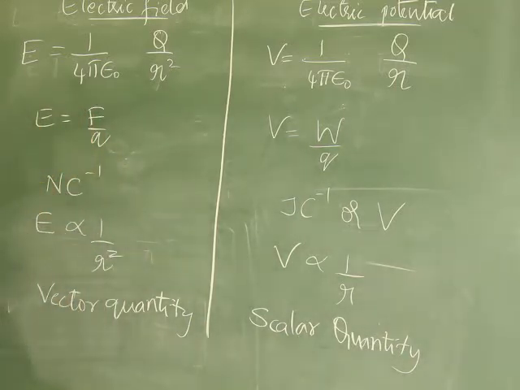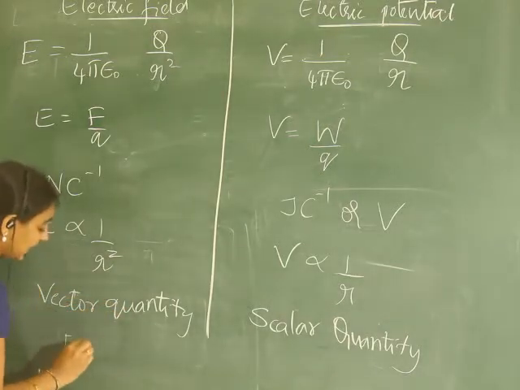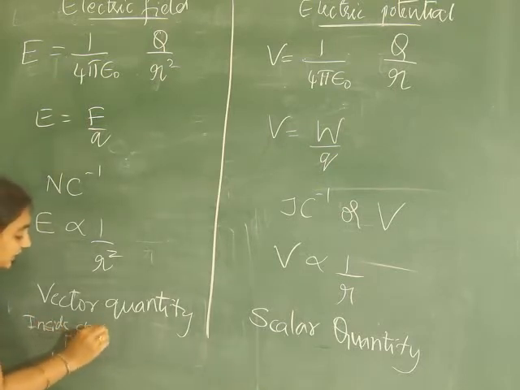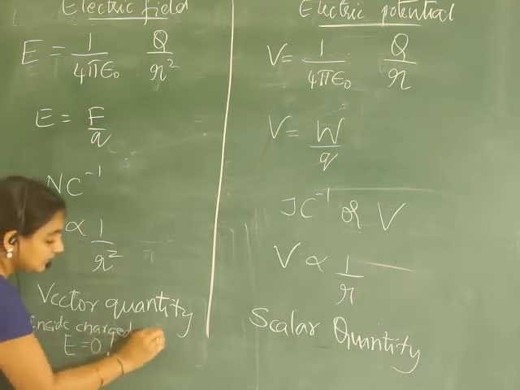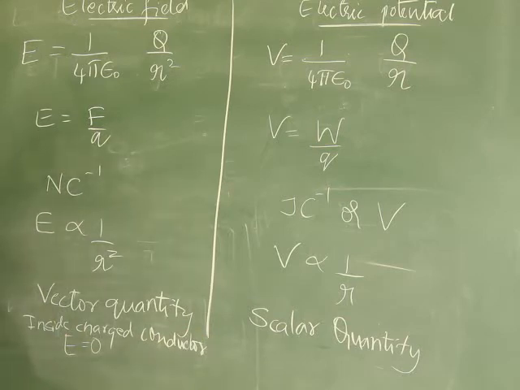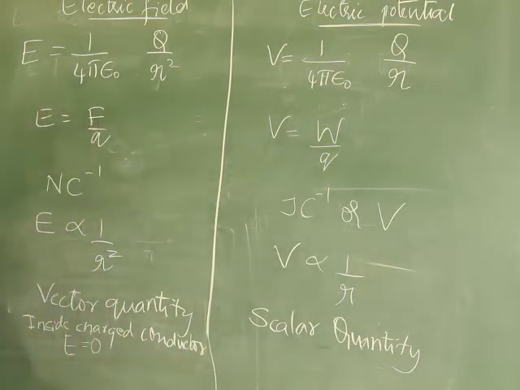Then, one more difference. See, in our previous chapter, we came to know that the electric field inside a charged conductor is 0. Inside the charged conductor, electric field is 0, whereas the electric potential inside the charged conductor is not 0, it is a constant.